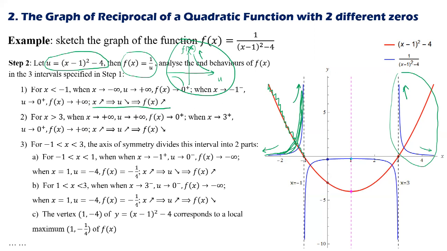So here, this function will have a pattern like this. And as you can see here, as x increases, u also increases, whereas f(x) decreases, right? So that means for x greater than 3, as x increases, f(x) decreases. So this is a decreasing interval. Understand?